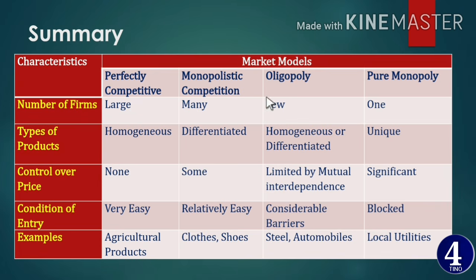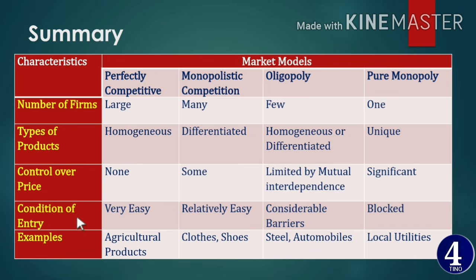In oligopoly, control is limited by mutual interdependence, so they do control the price, but they are mutually interdependent with each other. In pure monopoly, extremely significant control over price is exercised.